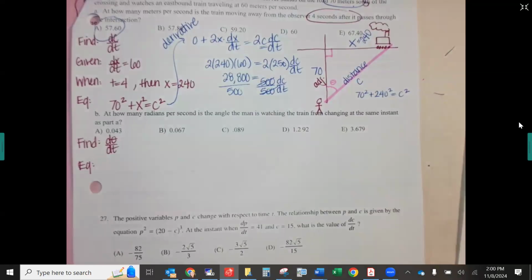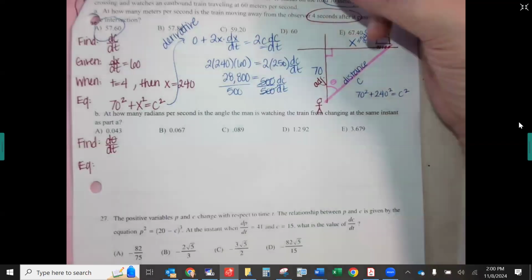Okay, out of CAH and TOA, I want whichever number for dx dt or dc dt is going to be easier. Okay, so my dc dt came out to be 57.6. What was my dx dt though? 60. So which number is nicer? 60.